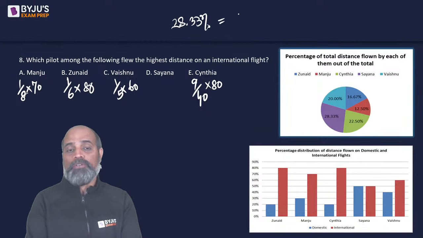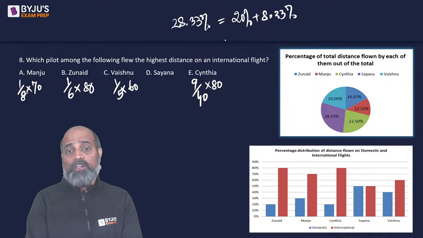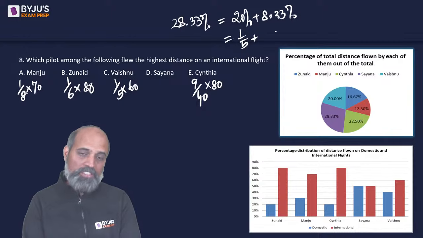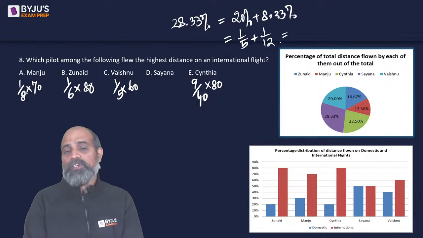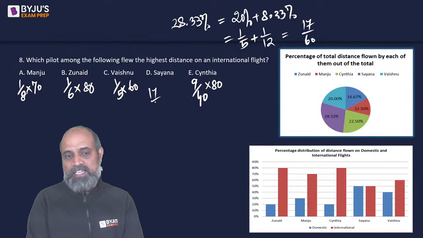If you don't know, you can break this as 20% plus 8.33%. 20% is nothing but 1/5, and 8.33% is nothing but, anyone? 1/12. So if you solve this, 17/60 is 28.33. So this is going to be 17/60 into Sayana's, which is 50/50, right?